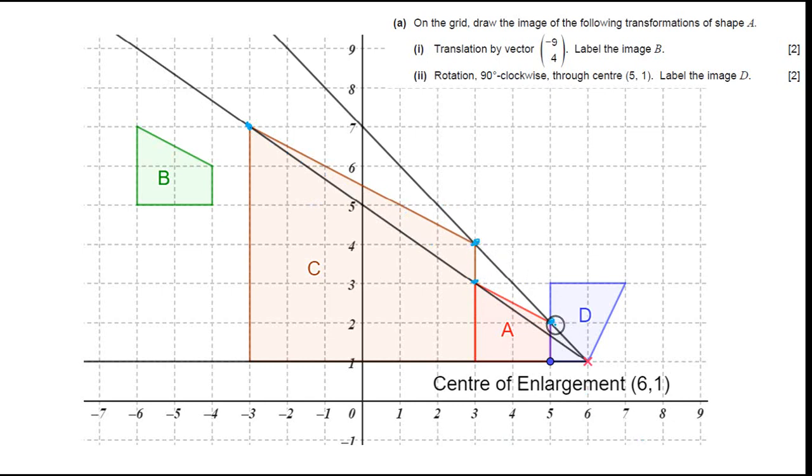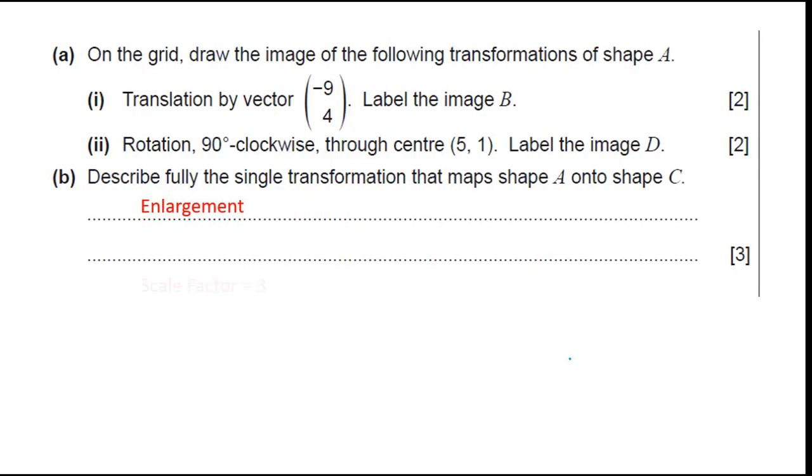Can you see that? Once you draw those lines, where the lines are meeting, that is the center of enlargement. You see that? And this is why you have enlargement 1 mark, scale factor 3, center of enlargement (6,1).